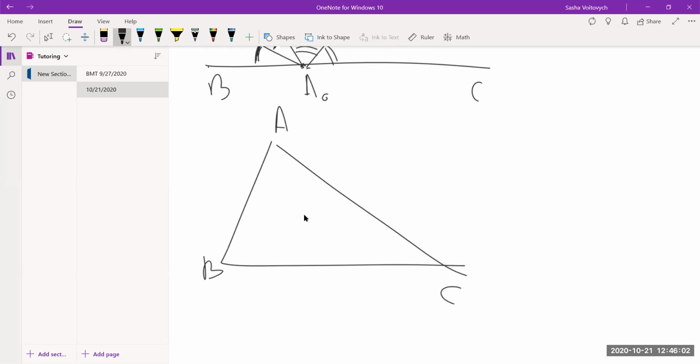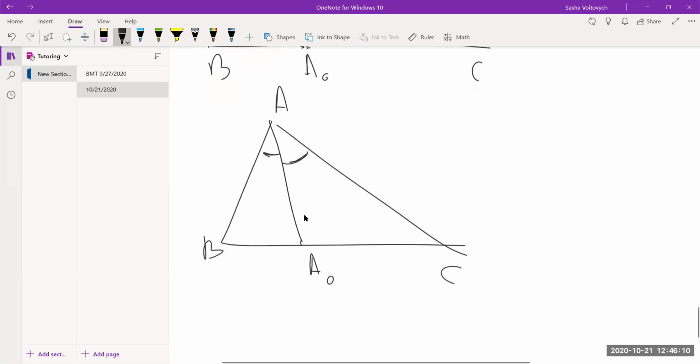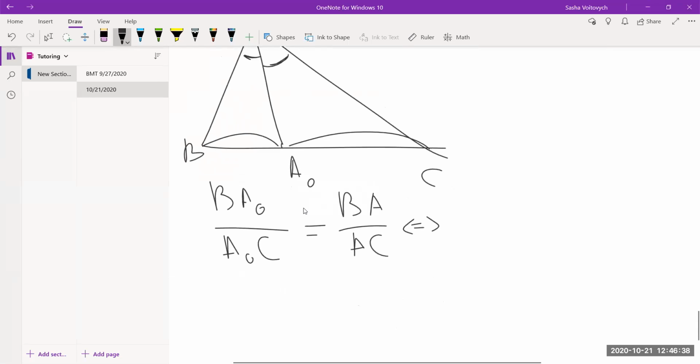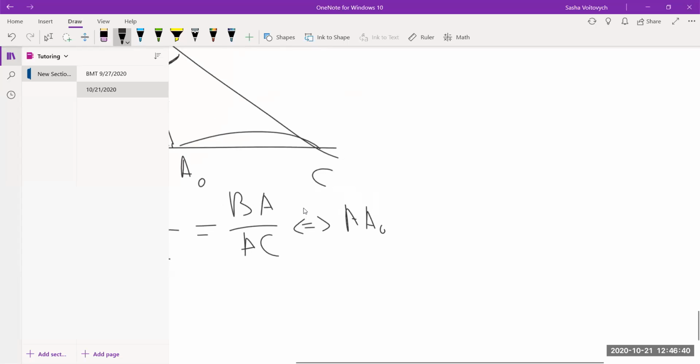So there's a lemma for bisector. If A0 is a bisector, then the ratio of BA0 to A0C is equal to BA to AC. So basically, the bisector divides the opposite side in the ratio of the sides of the triangle. This is also an equivalence relation.